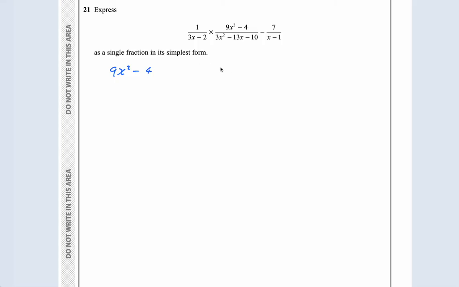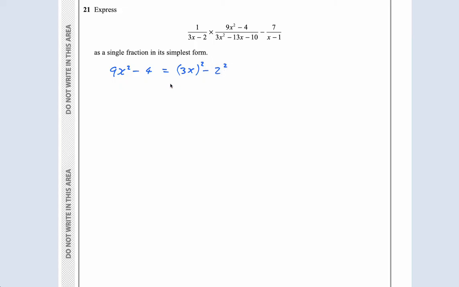I did a question like this recently. I can see this is a difference of two squares, because this is a square and this is a square. This is actually 3x squared, which gives me 9x squared because I squared the 3. And this is 2 squared.